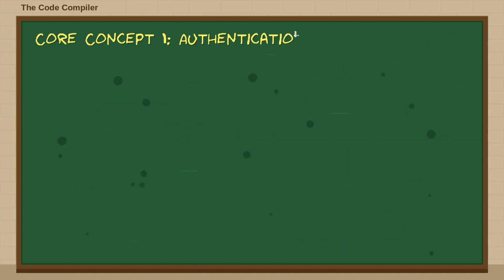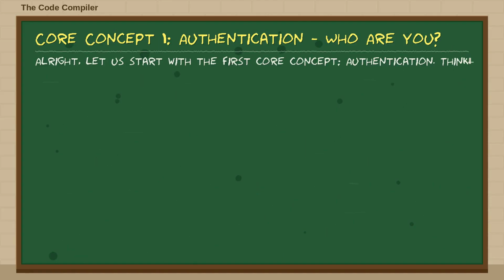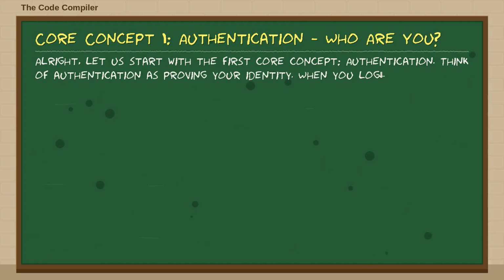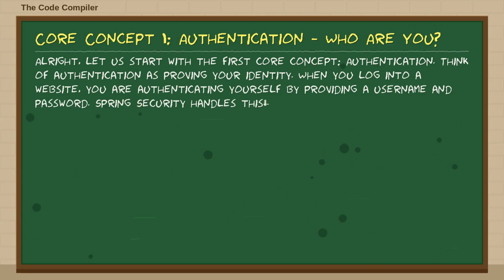Alright, let us start with the first core concept, authentication. Think of authentication as proving your identity. When you log into a website, you are authenticating yourself by providing a username and password. Spring Security handles this process beautifully.